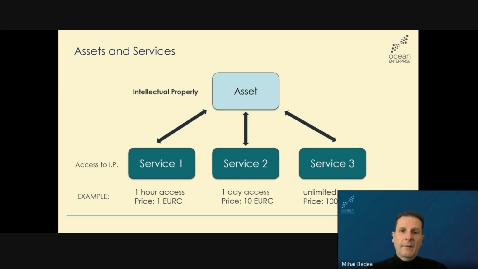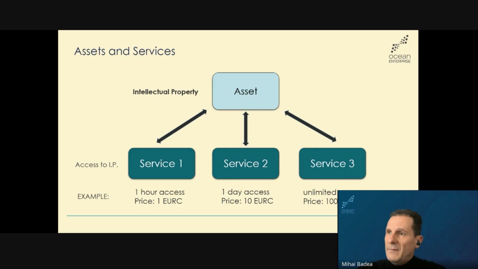An asset can have one or more services, each one having its own price, each one having its own validity period, and each one having its own access control defined. This is an example, for instance, of how you can define access to an asset.